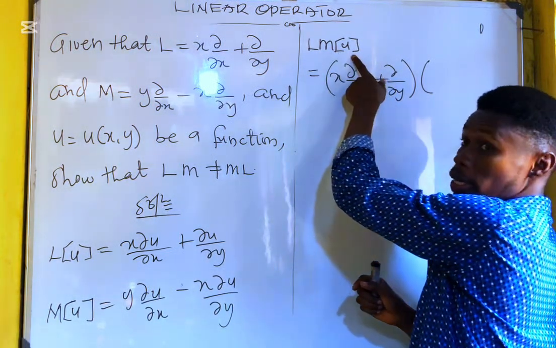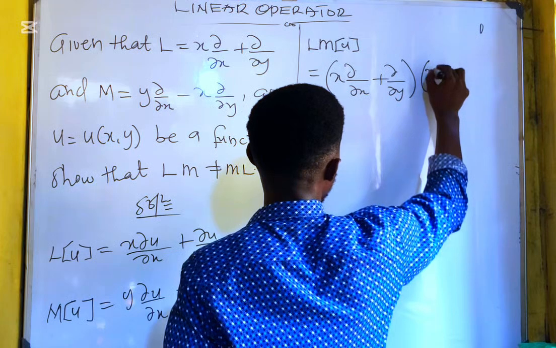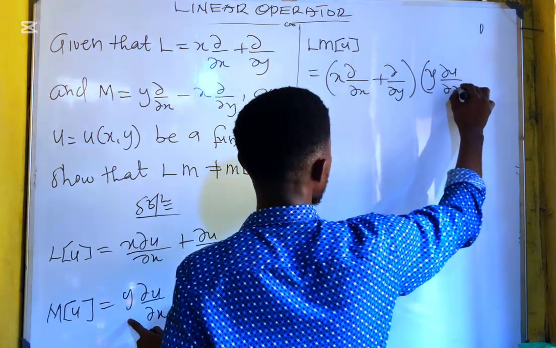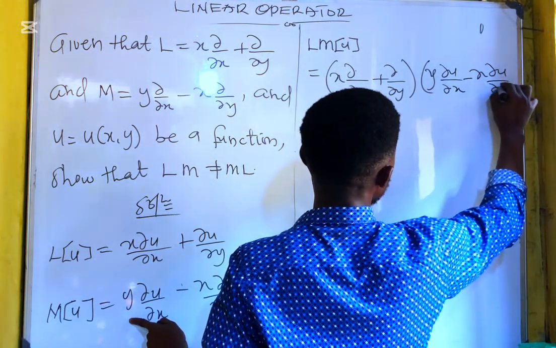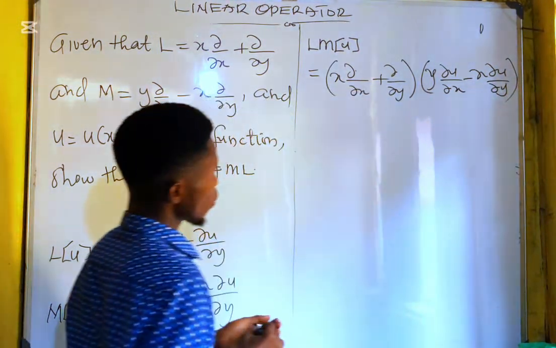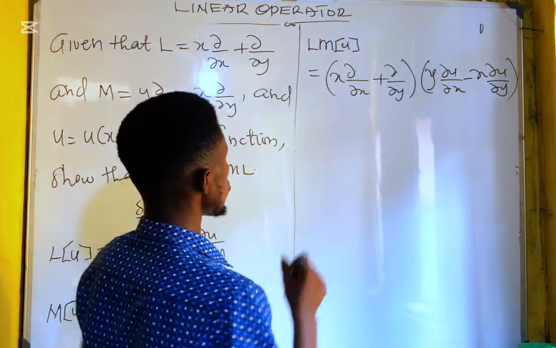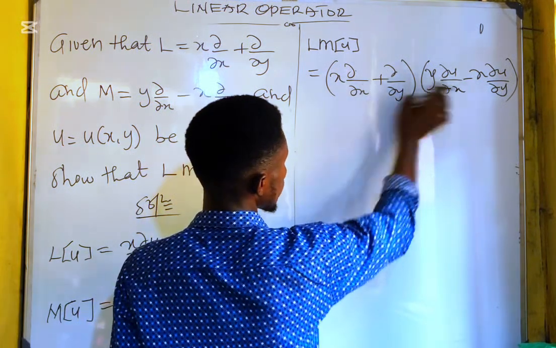This Mu here, we know it to be y ∂u/∂x minus x ∂u/∂y. So this is what we are going to have. You see this is multiplying this, just like normal multiplication, this will multiply this and this, the same thing.